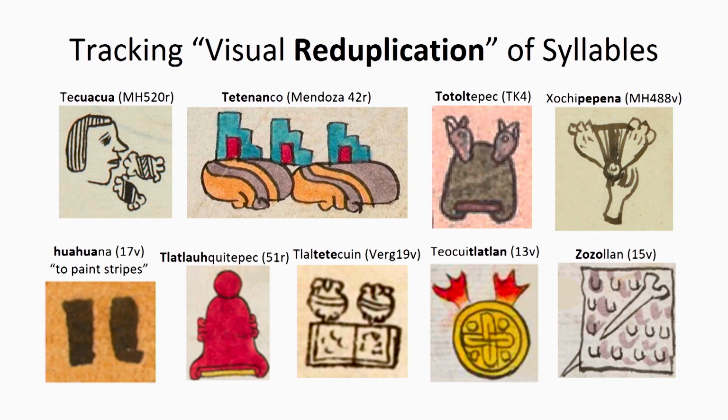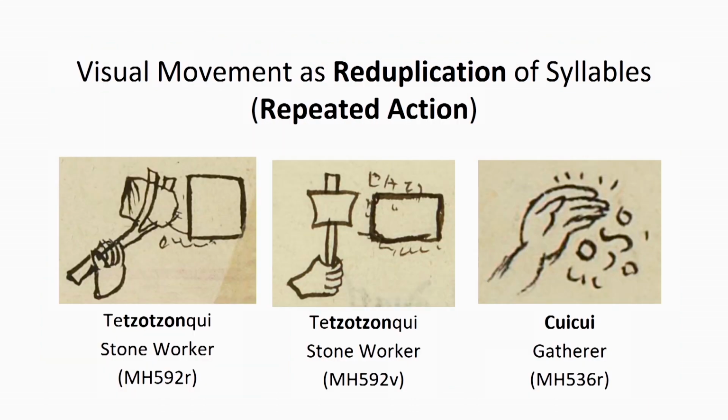Often it's numerical, like there are multiples of this, or it's a repeated action. So I started looking in the visuals for reduplication, as we call it, and found quite a few. There are more than this, but those are some. And then another variant on the reduplication of syllables is to show movement as repeated action, again, like tetsotsonki, a stone worker who has to take one stone and pound another repeatedly.